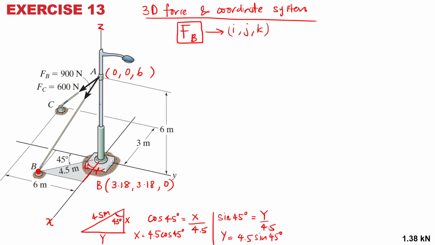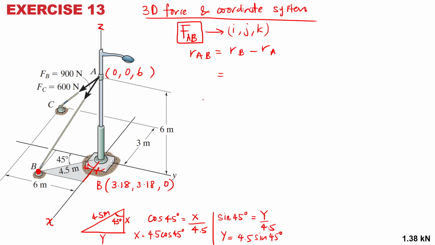Yeah, we're trying to find FB, right, which is FAB. Let's solve this one first. In order to get FAB, you need to get RAB, which is equivalent to RB minus RA.